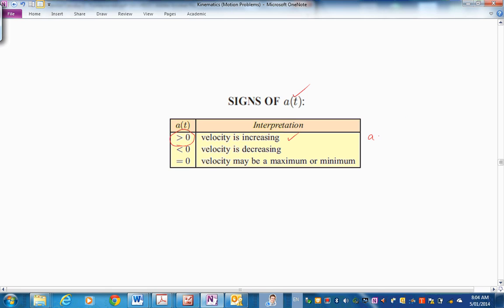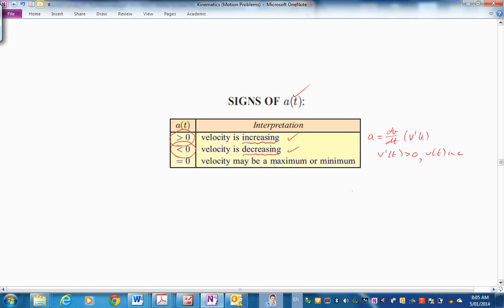We know that because a is dv by dt or v dash t, and if the derivative of a function is greater than naught, the function is increasing, isn't it? From our last discussion of functions in general. A function is increasing if its derivative is positive. So if acceleration is negative, velocity is said to be decreasing because its derivative is negative.